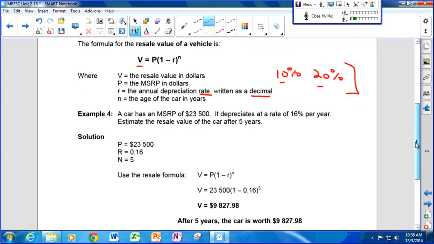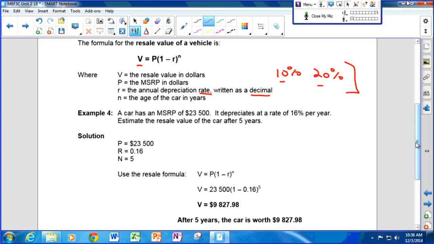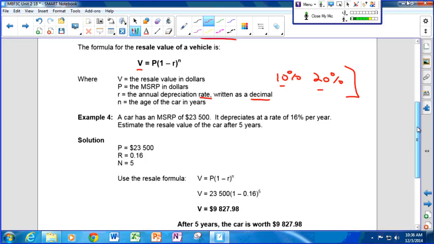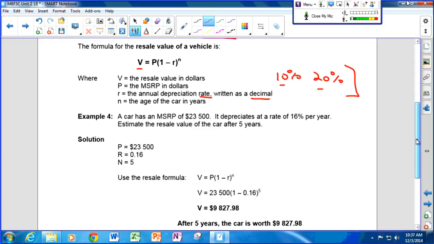And is it going to be worth the same as the older Fords a couple of years after you've owned it? That's the thing about buying used vehicles. Sometimes it's good because you can look at how that vehicle has held up over the years. All right, here's the example. A car has an MSRP of $23,500.